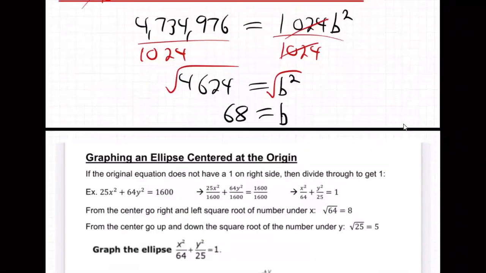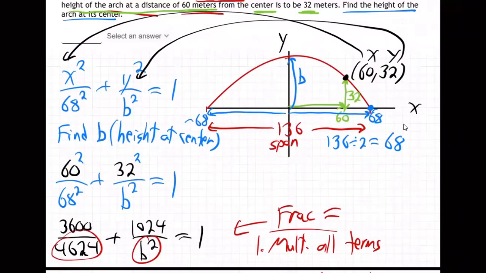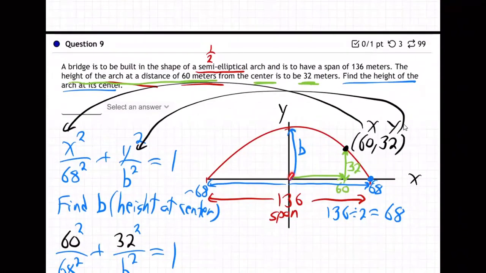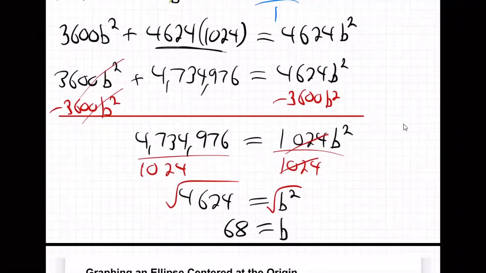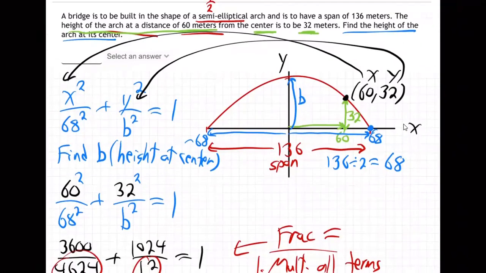So in this case, I want to know b. I want the actual height up to here. So to get b, this is b squared down here. Because whatever the height is, it's squared. To get b, I've got to root it, and it's 68. So the height of that arch at its center must be 68.